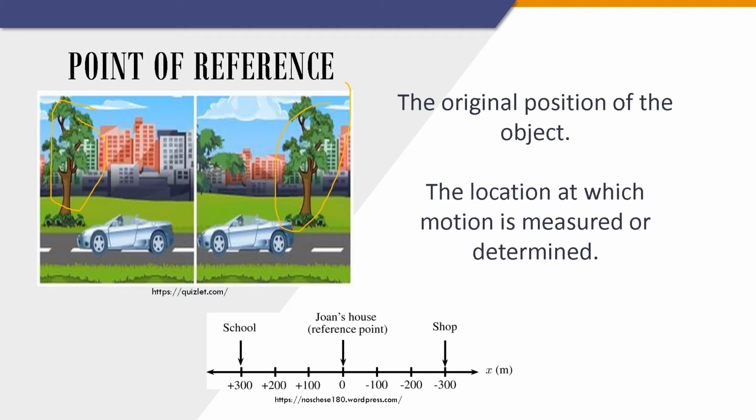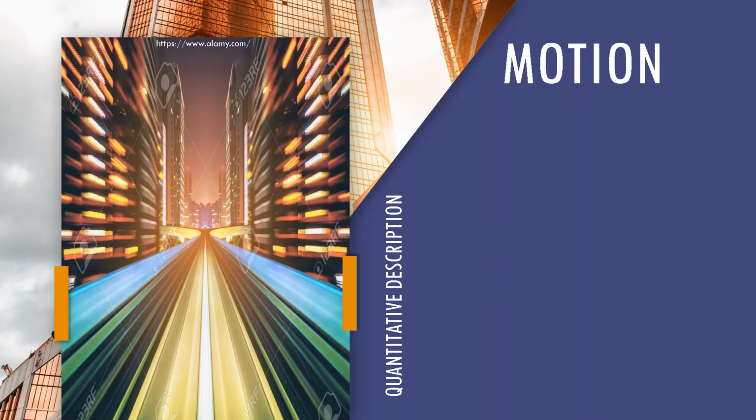So, for example, Joanne's house is the reference point. Then, if you go to the shop, then you move 300 meters away from the reference point. So, you can also describe the motion by looking at the distance from the reference point. So, dun siya natin tinitingnan. So, that is point of reference.